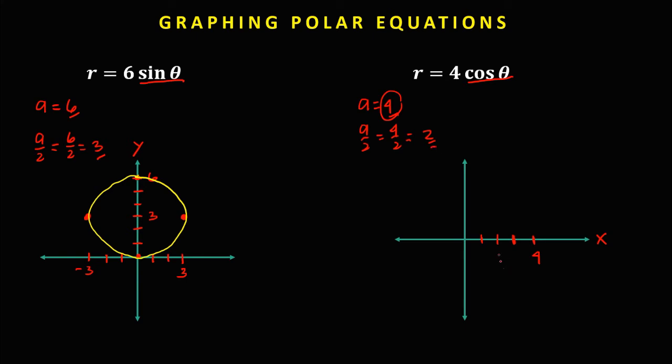Then a over 2, that's 2. So this one is 2. Also this one is negative 2. And we have this positive 2. So the graph now of this polar equation passes through these points. And this is now the graph for r equals 4 cosine theta.